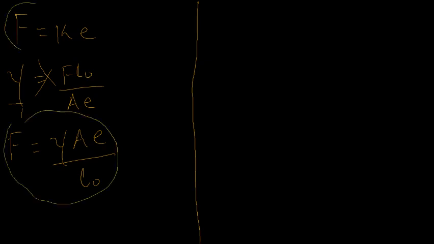Now, can you see a resemblance between this and this? Okay, let me rewrite this and then ask you to spot the similarity that exists between the two of them.